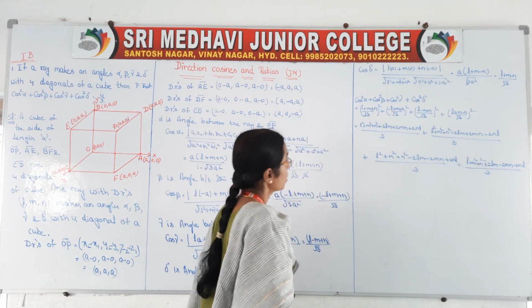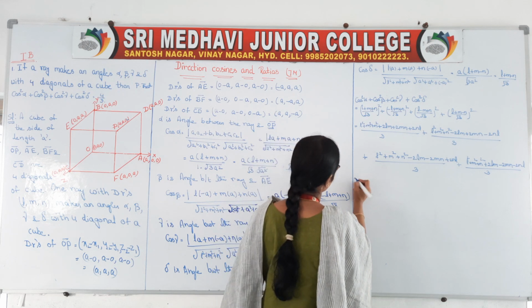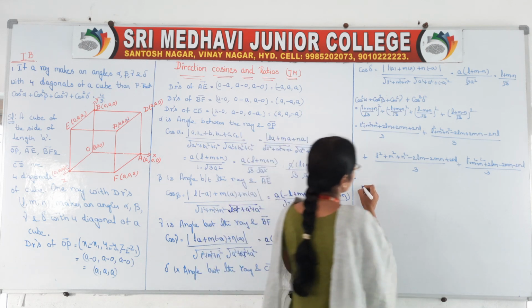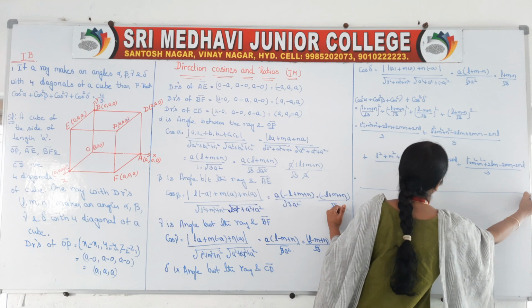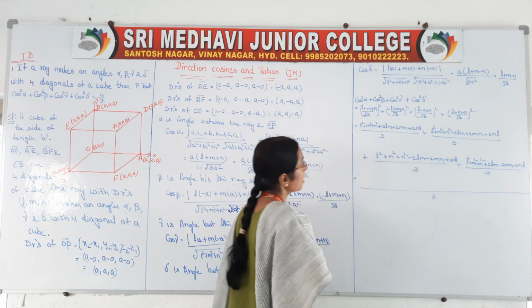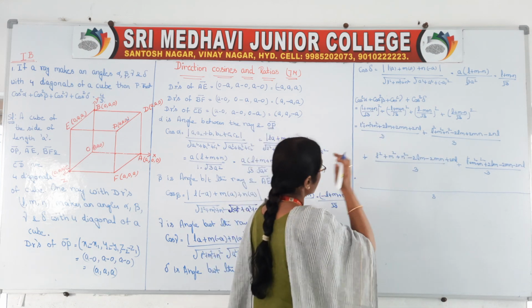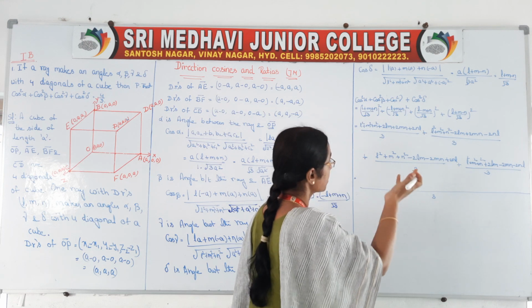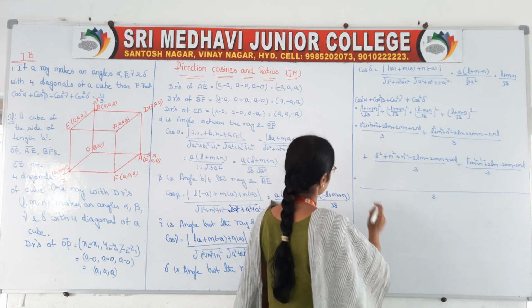Okay, so now what is the LCM? LCM is 3. Okay, so we have to write all the values. So here also you can cancel, 3 is the LCM, directly also you can cancel.